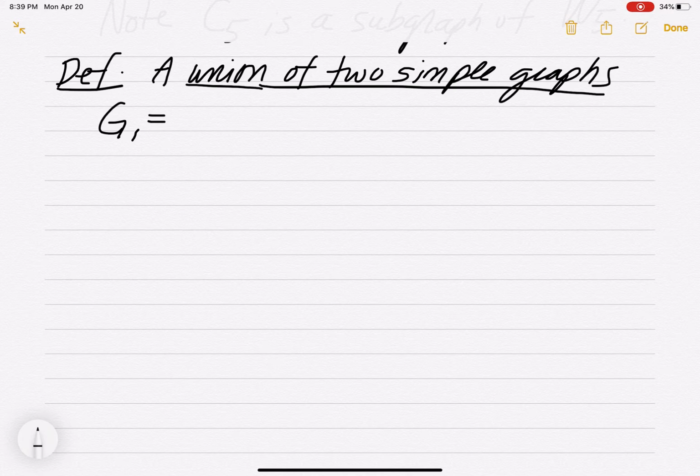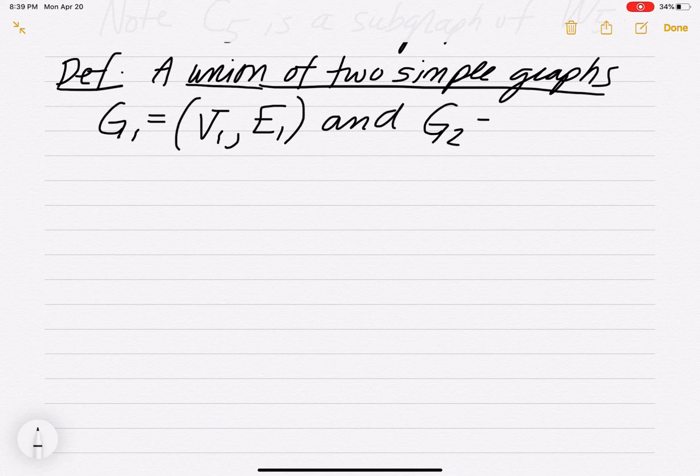G1, your first graph, is going to have a vertex set V1 and an edge set E1. And the second graph, G2, is going to consist of a vertex set V2 and an edge set E2.